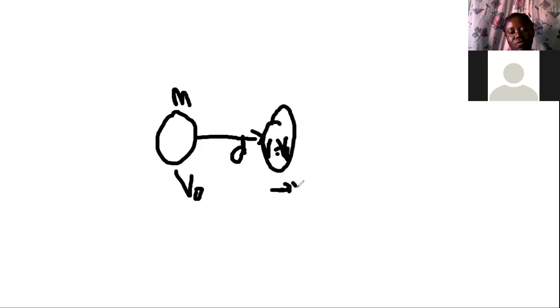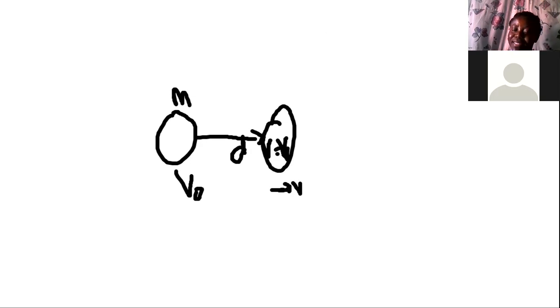It moves a certain distance or displacement, and is moving with a speed at this point. I can say the velocity at that point is equal to v. This is the same object of the same mass.